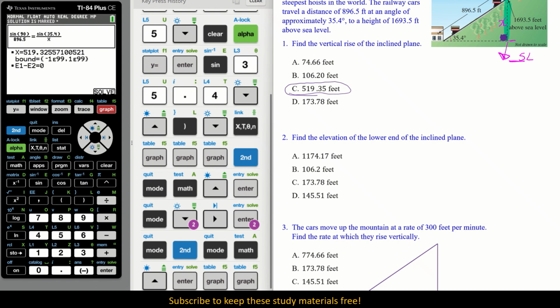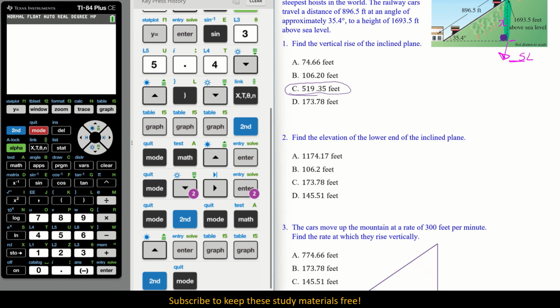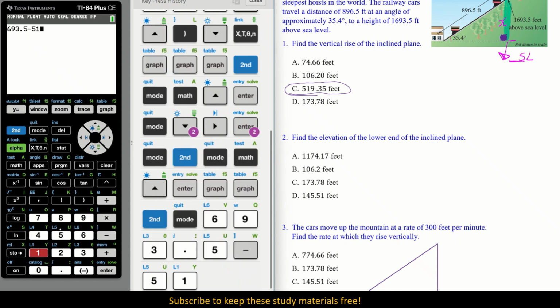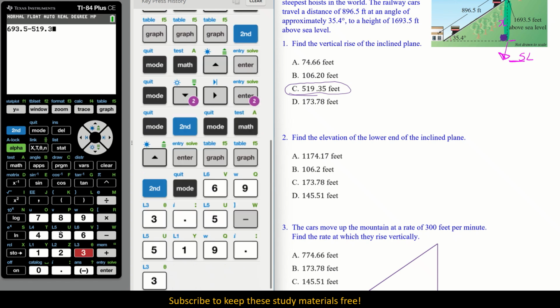Well, we just subtract the distance we just had, our x, from the sea level given in the problem, and it'll give us that bottom. So, second mode to get out of this. And we need 1,693.5 minus 519.34. And that gives us, of course, this is an estimate of, uh-oh, see what I did?